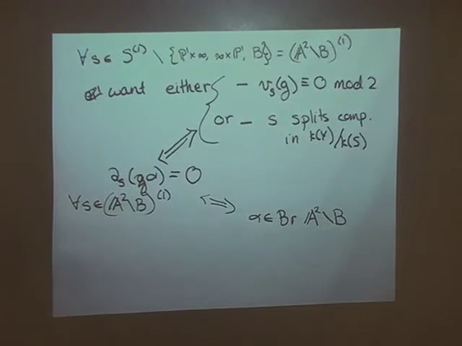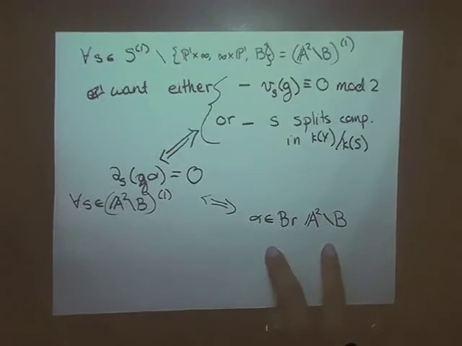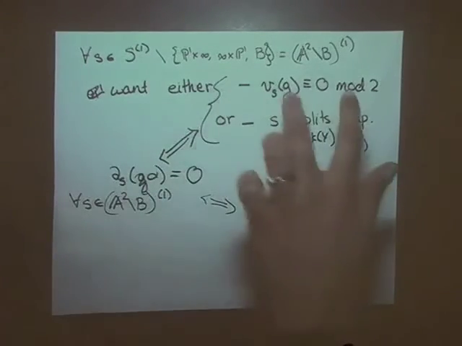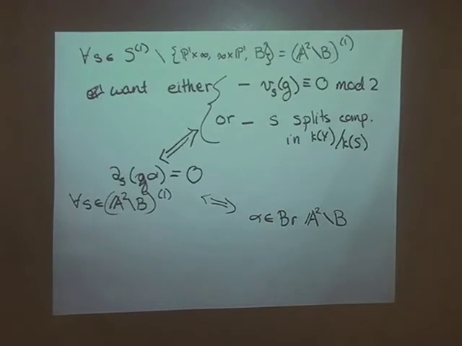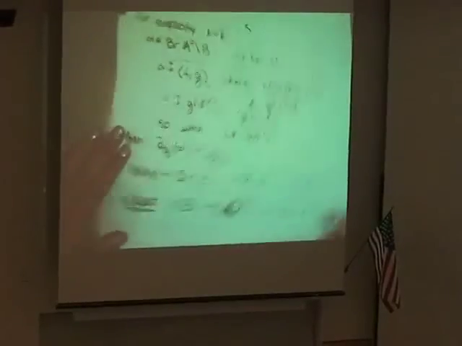So what did we want to prove? We started with an alpha in Brauer of A2 minus B. This was given by hypothesis, so we get this.